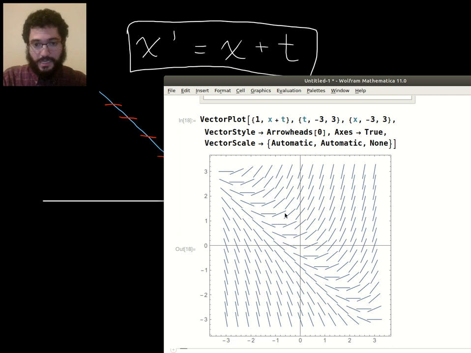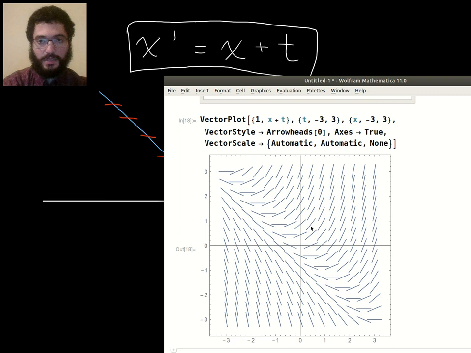So just staring at this, you can imagine what the solutions look like, right? They sort of tend to flow along the little line segments you're seeing. And of course, there's not one solution that you can visualize here, but a whole family of solutions, right? So there are a whole bunch of curves.